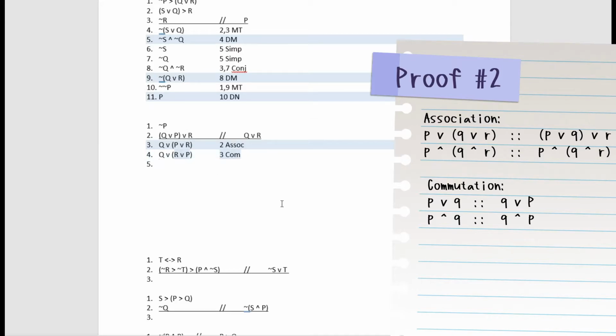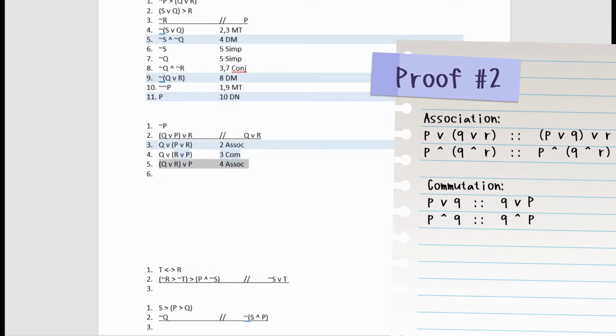Now we're going to do another association, which is going to put that Q back into the parentheses, and that gives us it in the parentheses just like we wanted. Okay, well now what? Now we still got this P to deal with. We still got to get rid of that. Well, we have not P as premise 1. This is a disjunct, which means we can use disjunctive syllogism.